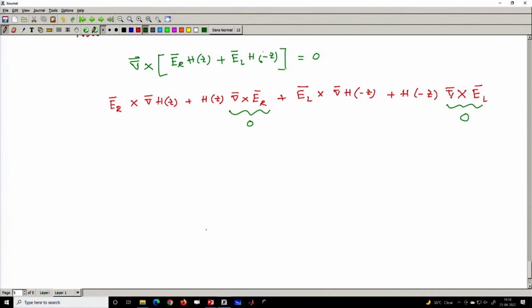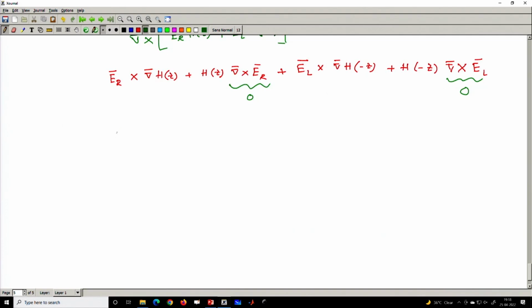Since these are 0, what I get is left with this quantity: ER cross Z unit vector delta Z minus EL cross Z unit vector delta Z, that is equal to 0.